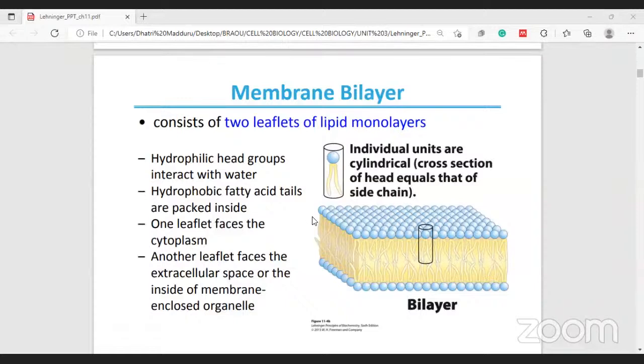Okay, so this is how the bilayer looks. The plasma membrane is a lipid bilayer, and the name leaflet means the outer portion, that is, a head and two tails. This layer is one leaflet and the bottom one is another leaflet.